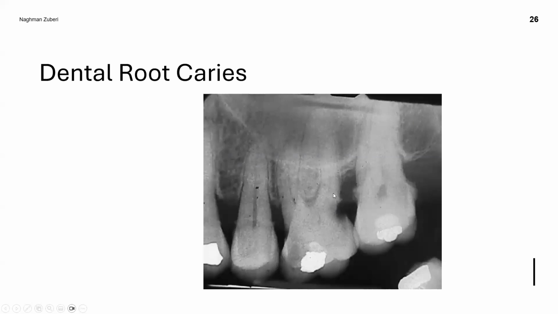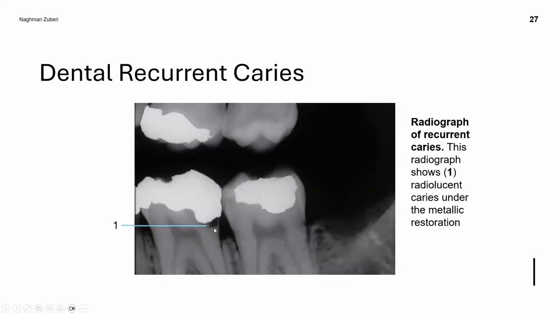Root caries here we can see, and these projections, these spike type of things, this ring over here, it is all calculus. Recurrent caries. In case of a class 2 filling, the recurrent caries usually appear in the proximal box, most commonly in the distolingual area of the proximal box, but can occur anywhere.